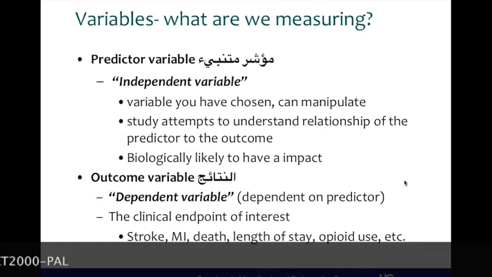For example, if we want to look at some kind of impact on use of opiates in surgery in general, if we just studied all kinds of surgery and included thoracotomies and laparotomies and laparoscopic surgery and hernia repair, it would be very difficult to make conclusions because of the large variability in types of patients.